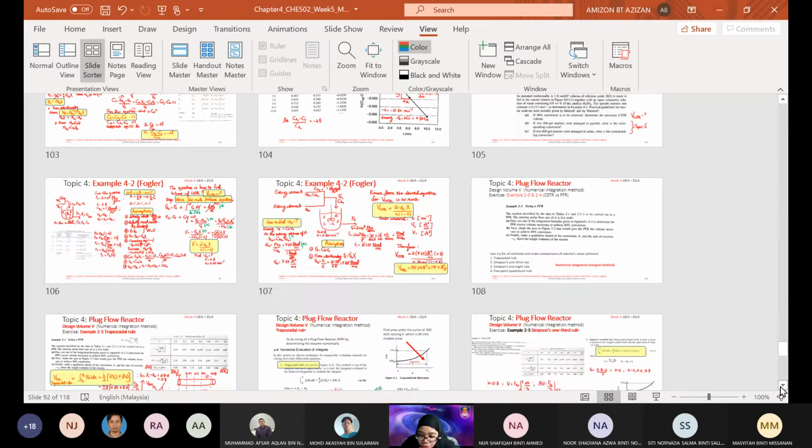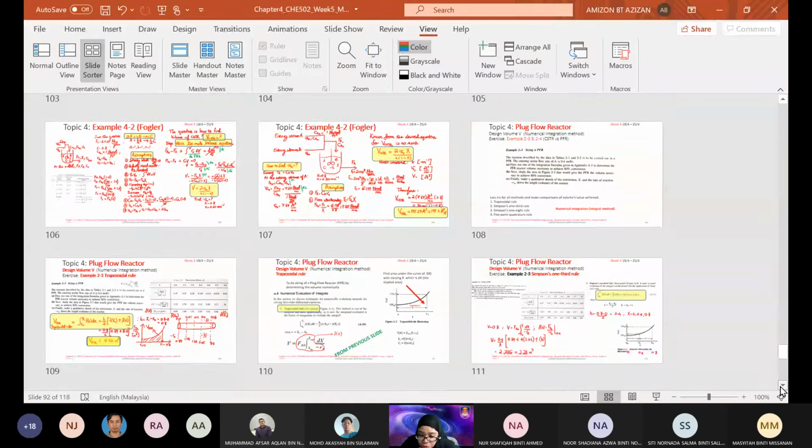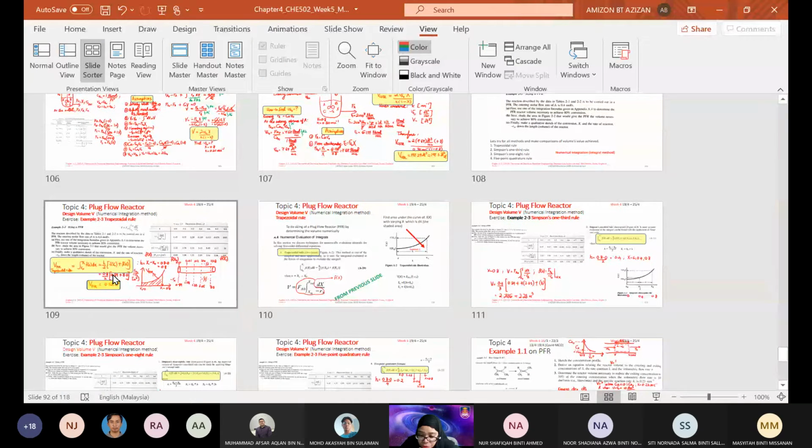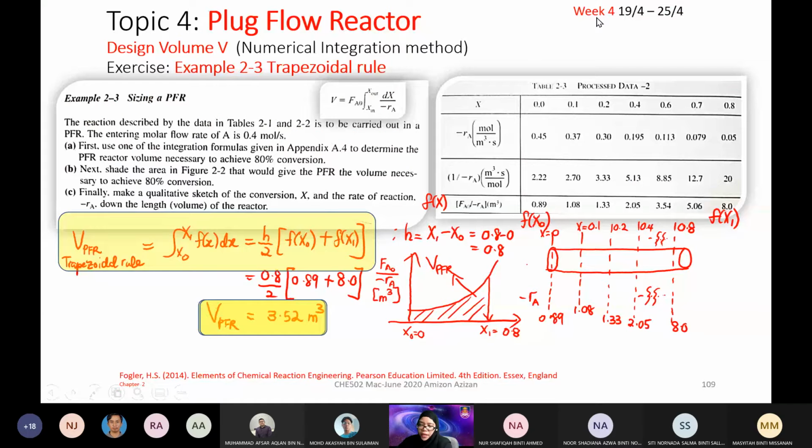Now, if you were to find the design volume for a plug flow reactor using the numerical integration method, then having the data of X and rate of disappearance, if we were to choose trapezoidal, then with 2 point, the volume of the PFR is 3.52.